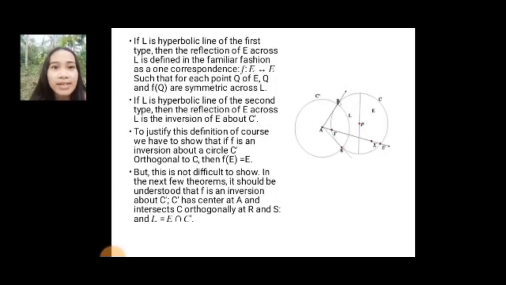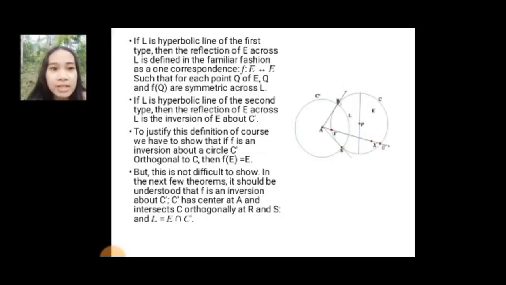So, if L is a hyperbolic line of the first type, then the reflection of E across L is defined in the familiar fashion as a one-to-one correspondence of E onto E, such that for each point Q of E, Q and its image are symmetric across L. If L is a hyperbolic line of the second type, then the reflection of E across L is the inversion of E about C prime.